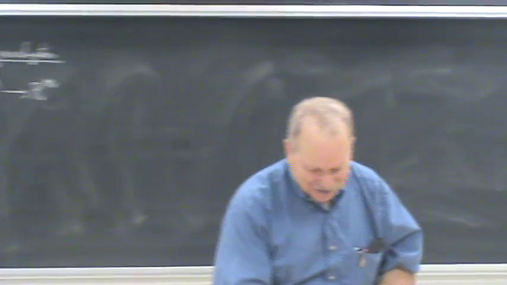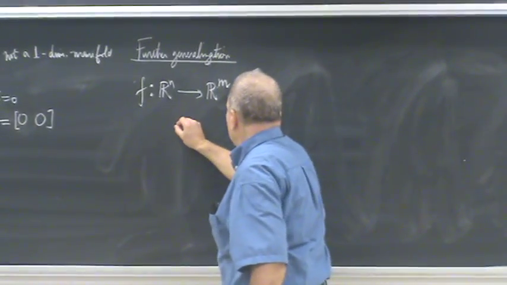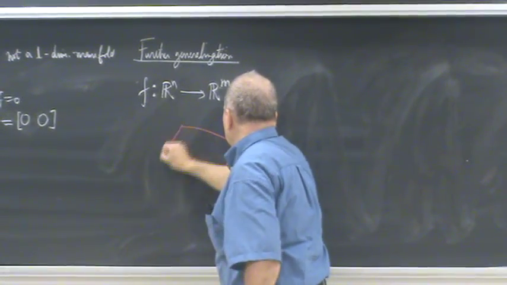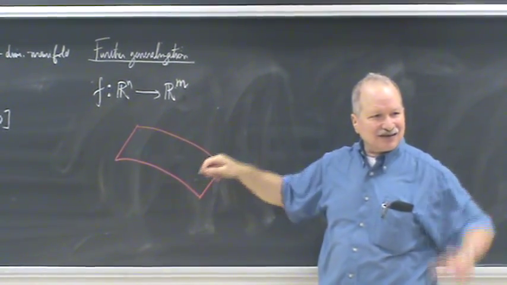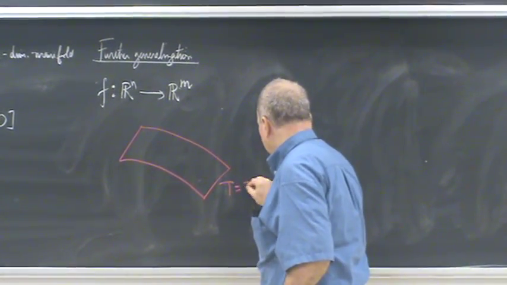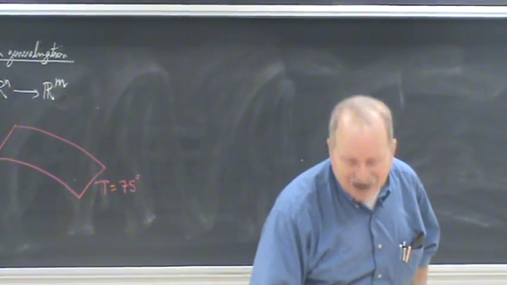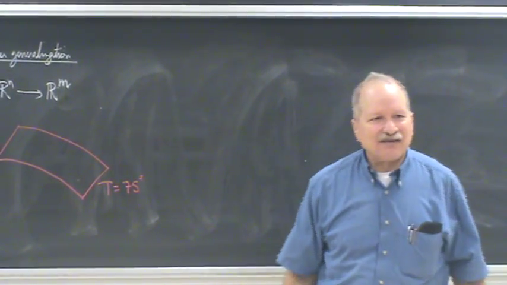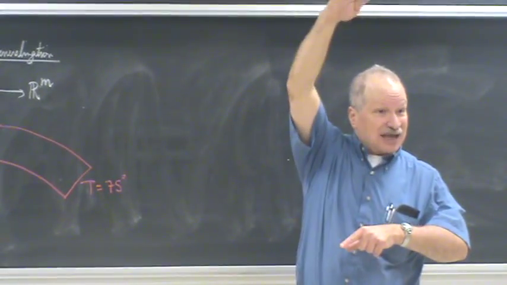Heuristically, what do you expect to happen? You expect that fixing the temperature puts you on some hypersurface, namely a surface in 3-space. Temperature equals 75. And heuristically, you expect that barometric pressure will vary as you vary in altitude, for example.